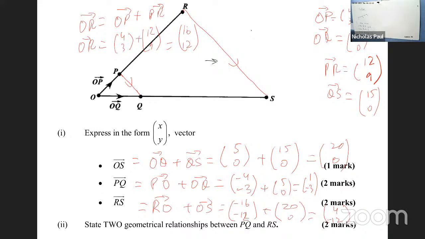All right. The last part says, what's the relationship between PQ and RS? PQ is 1, -3 and RS is 4, -12. What is the relationship between them? What do you think is the relationship?